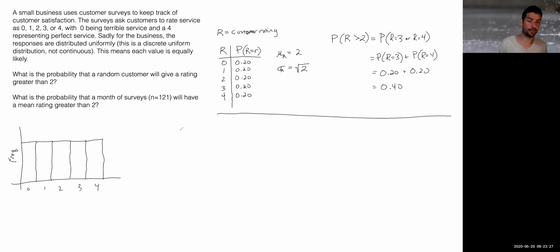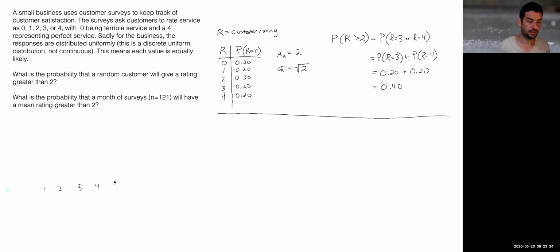So the big idea with the central limit theorem is that if I have a random variable X of any distribution with a mean and a standard deviation, and I make a new variable called the sample mean, X bar, meaning whatever data X is studying, X bar is studying sample means.